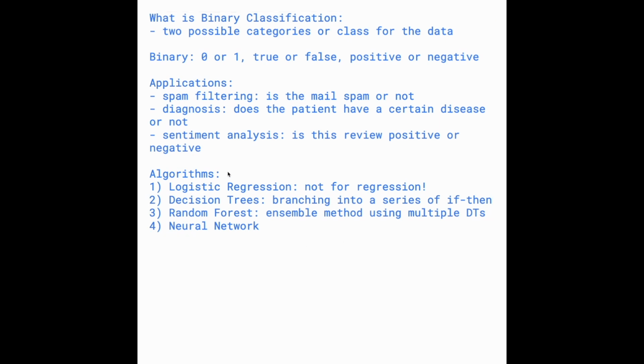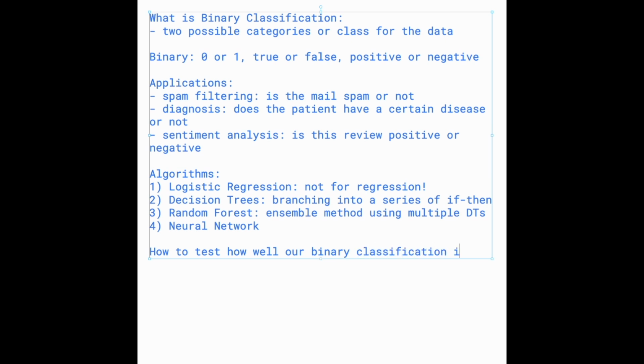I guess I can talk about how we know if our algorithm for binary classification is doing a good job. So how do we test the accuracy, or how well our binary classification is doing? Well, there are several different ways.